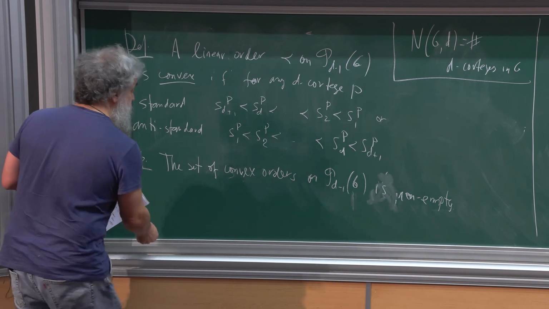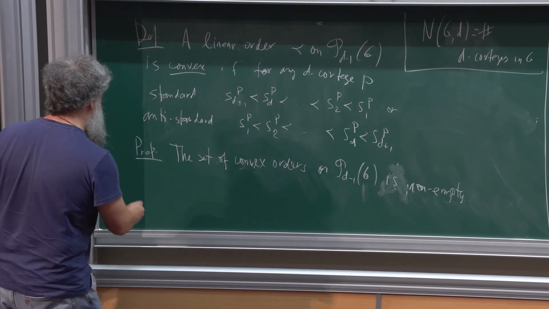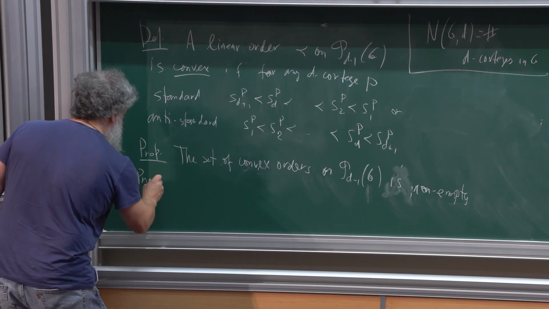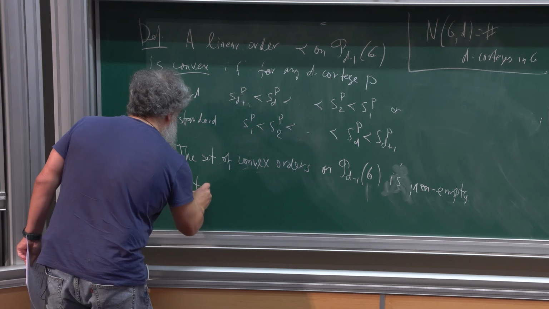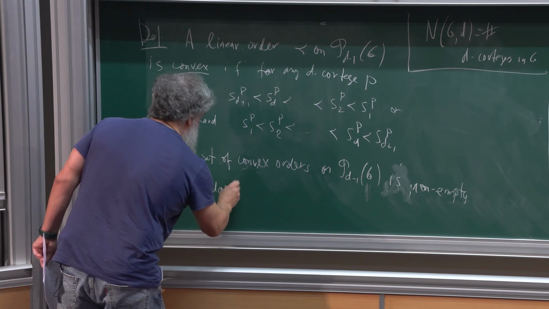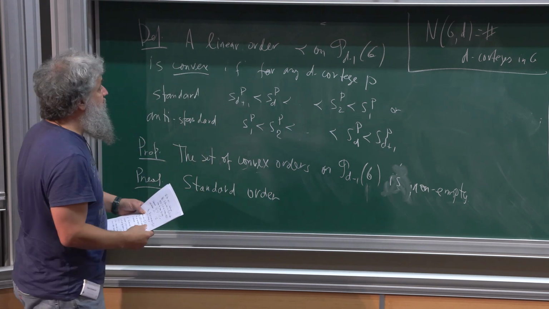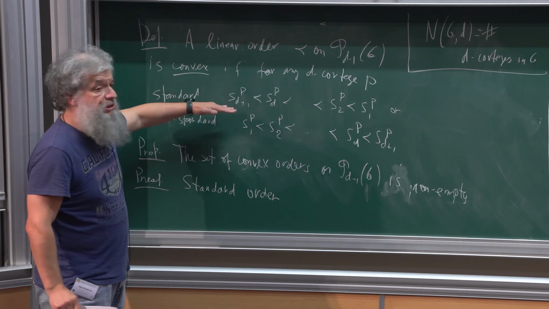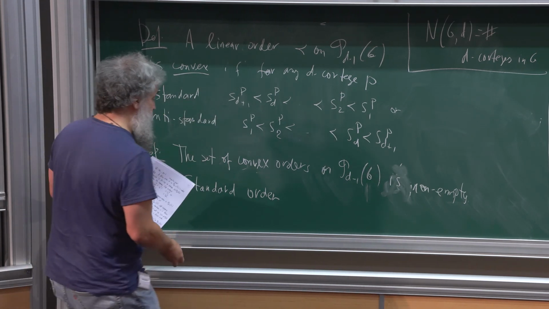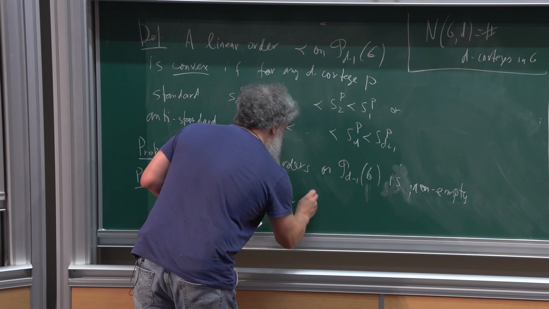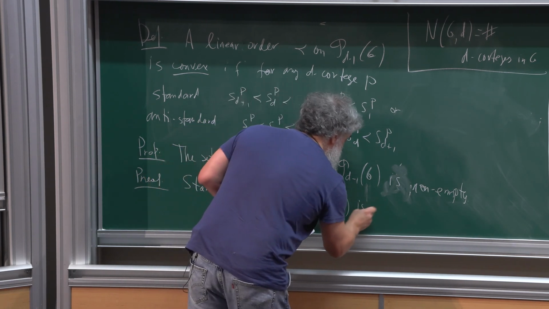As a proof, we can show that if we consider the standard order such that for any d-Cartège any sequence is ordered standard, it is convex.